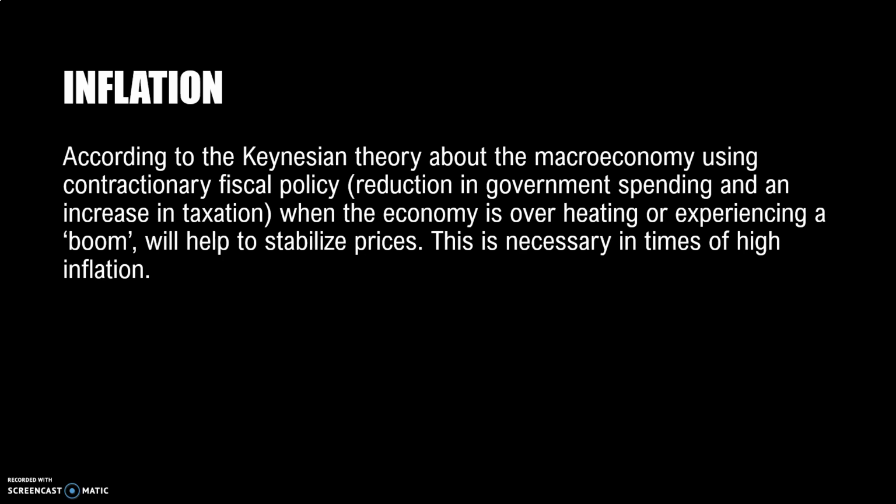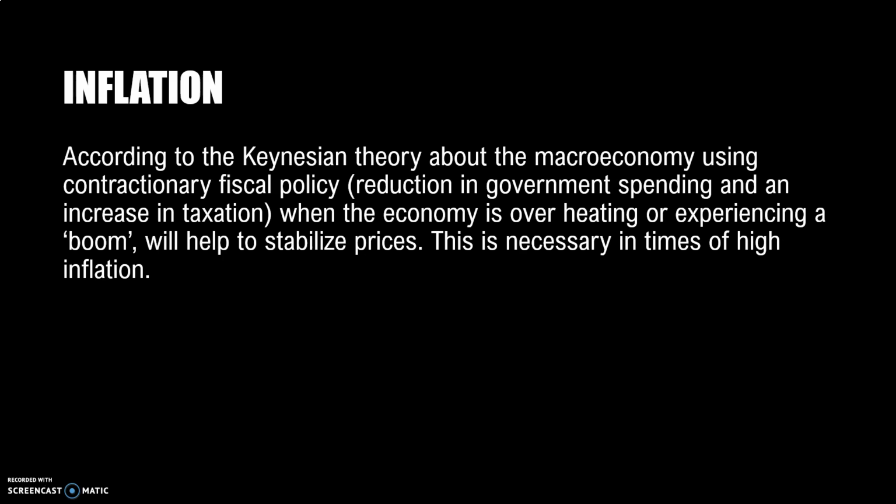For inflation, the Keynesian theory proposes contractionary fiscal policy. Note that inflation means that there's a consistent increase in general price levels. So if there's a reduction in government spending and an increase in taxation, this would lessen the amount of disposable income that consumers have access to.